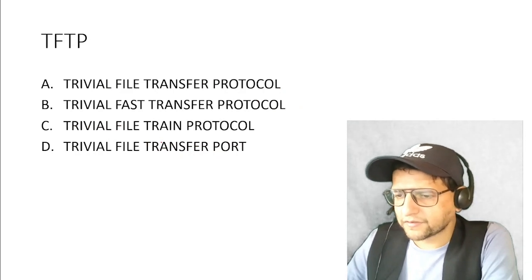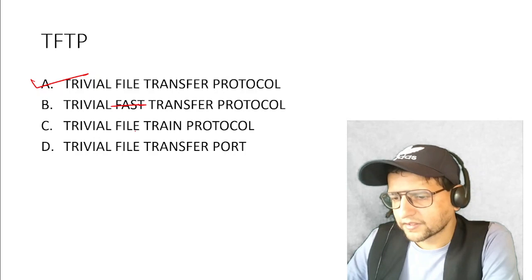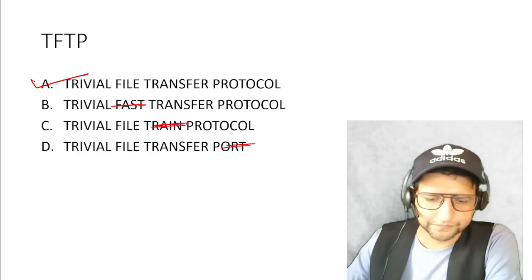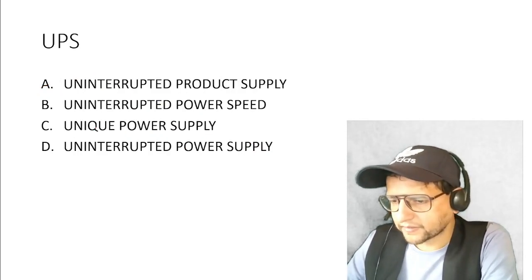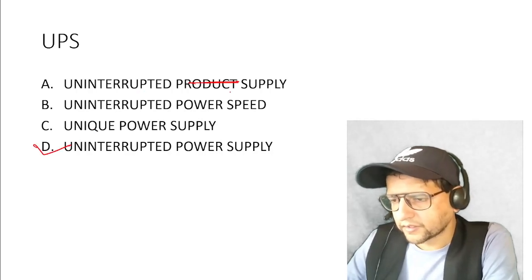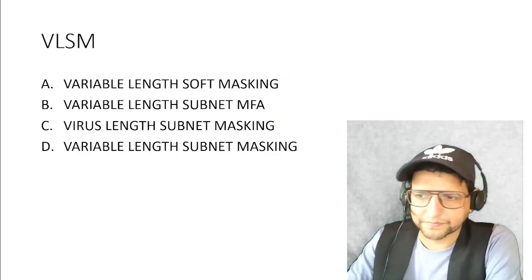TFTP is your trivial file transfer protocol, not fast. UPS is your uninterruptible power supply. It is not product, not speed, not unique. So uninterruptible power supply is the right answer.